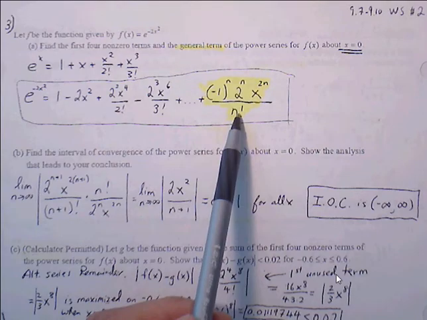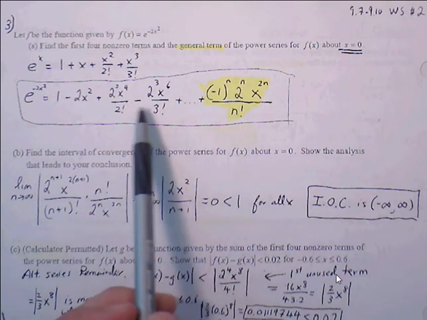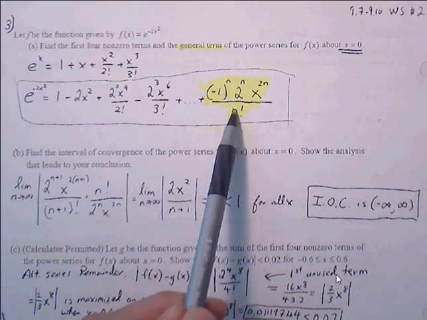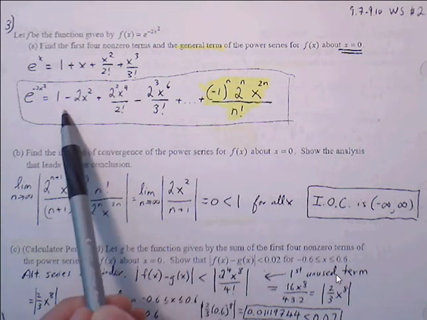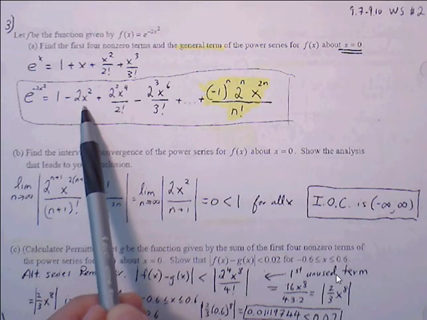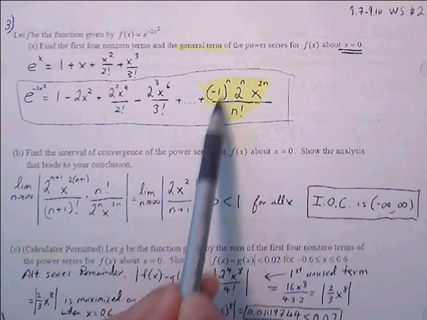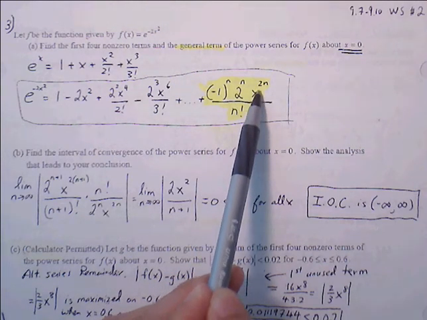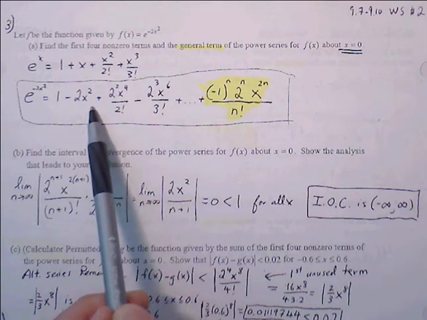So now we just have to test this out, right? If we start off with n equals 0, all this will be reduced to 1. Second term will be n equals 1, so that will make this negative 2 to the first times x squared over 1, so that matches the second term.